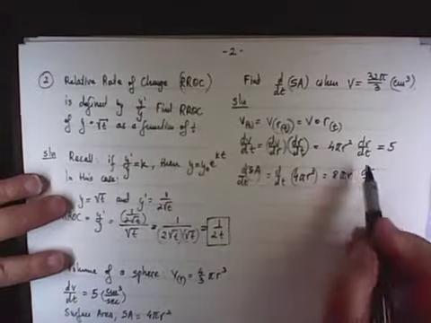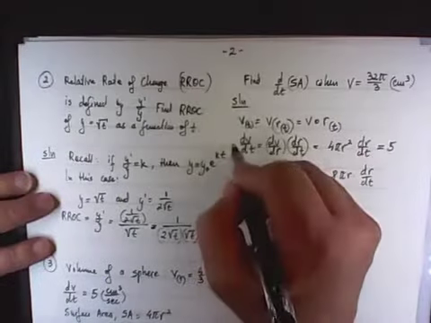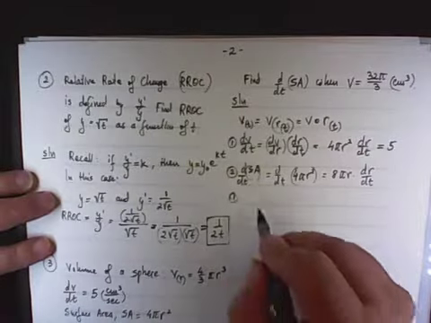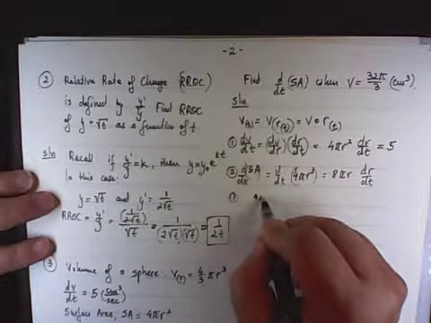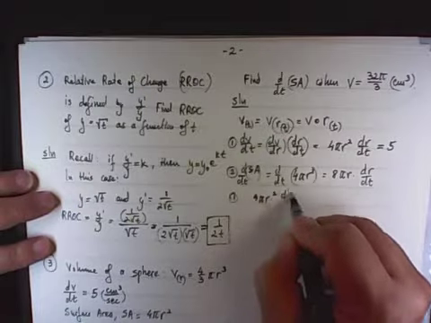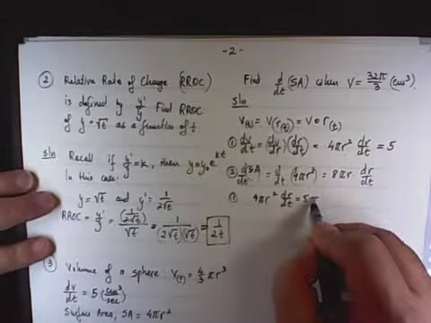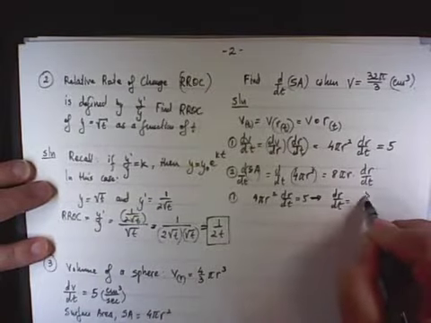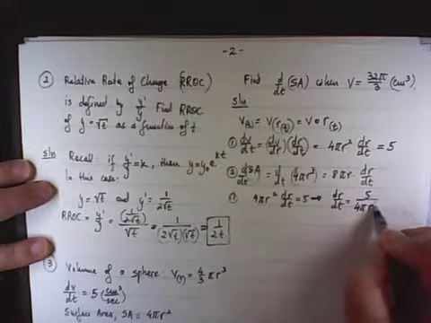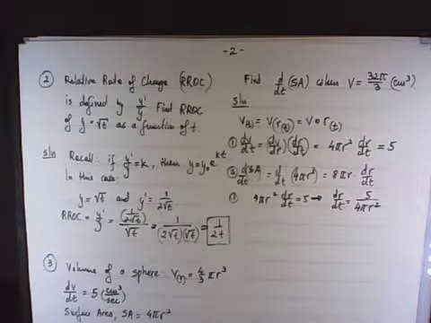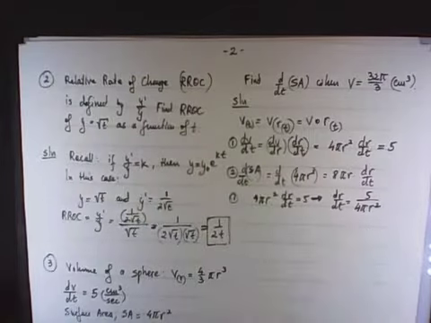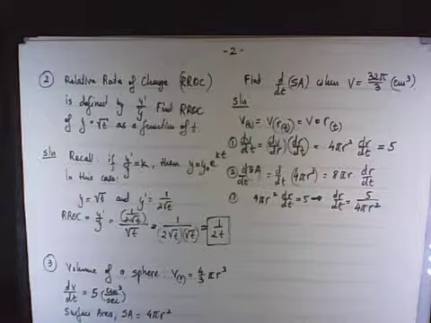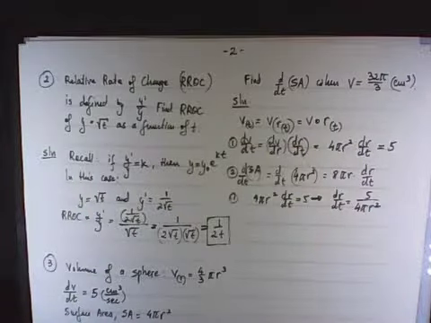First I'm going to extract, so let's call this equation 1, and let's call this equation 2. Going back to equation 1, I have 4πr² dr/dt equals 5. From here we get that dr/dt equals 5 divided by 4πr², right? So what's left to find out is 4πr². So how are we going to do it?